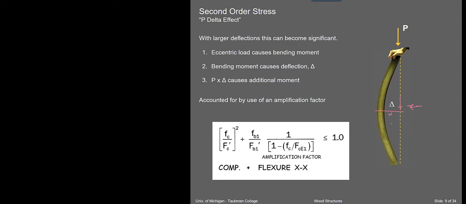There's some offset distance, and that causes an additional moment. That moment is P delta, P times the delta distance, and that's what this amplification factor is accounting for.